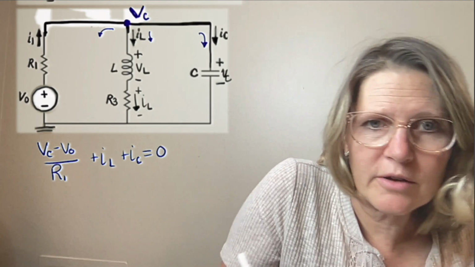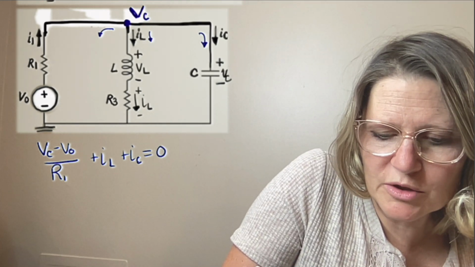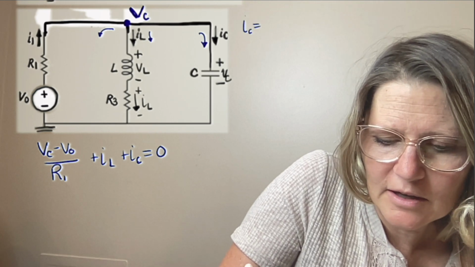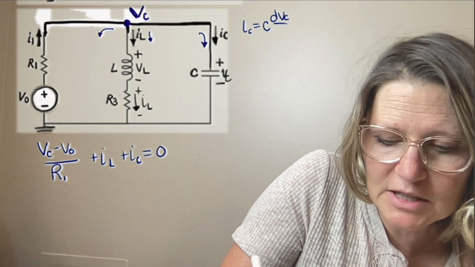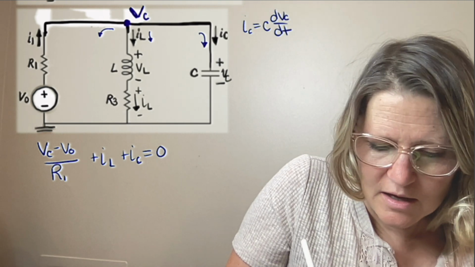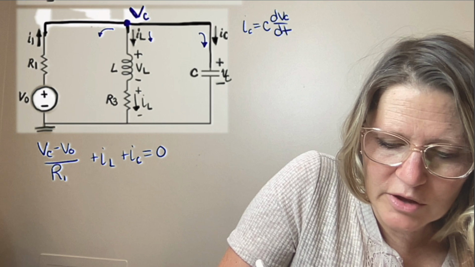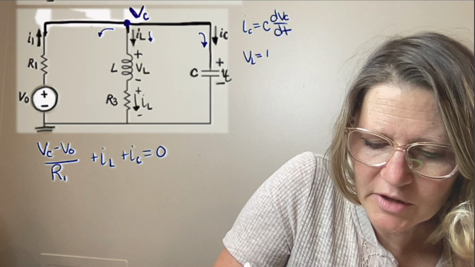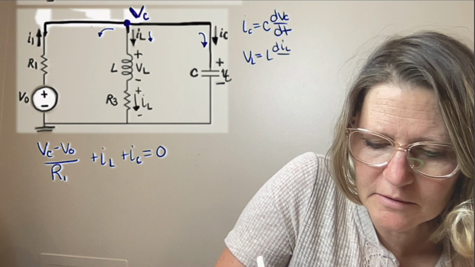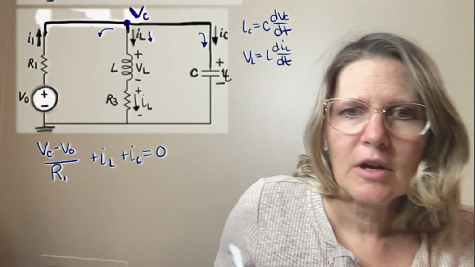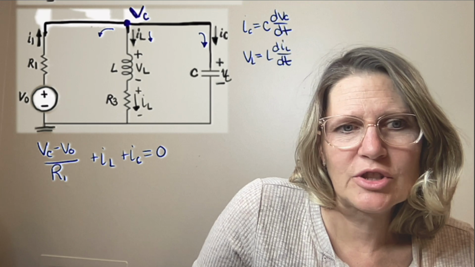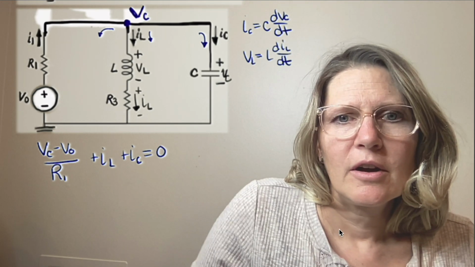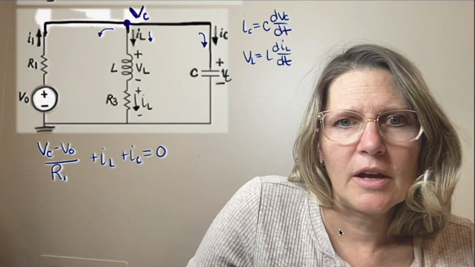Now I also know the relationship between IC and VC. IC is C dVC dt. And I also know that VL is L dIL dt. So we can use these relationships for IL and IC.